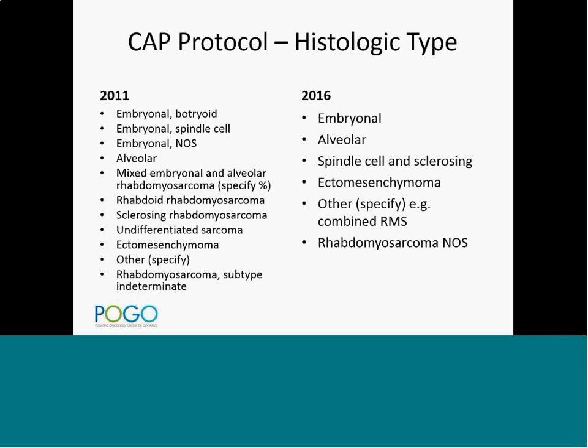I think a very good progression of this histologic type, making it a smaller number of categories to fit it into. And as with the protocols, the comments field really helps describe and paint a picture of what each of those tends to look like.